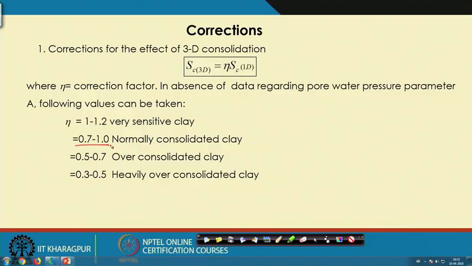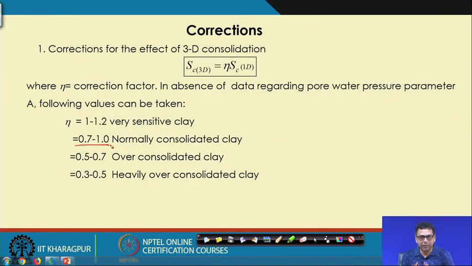But if the A value is available, then you have to use the chart that I have used in this problem. All the designs here I am doing on normally consolidated soil, and in most cases you will find the soil is normally consolidated. That is why you can take 0.7 as a reasonable value if nothing is available.